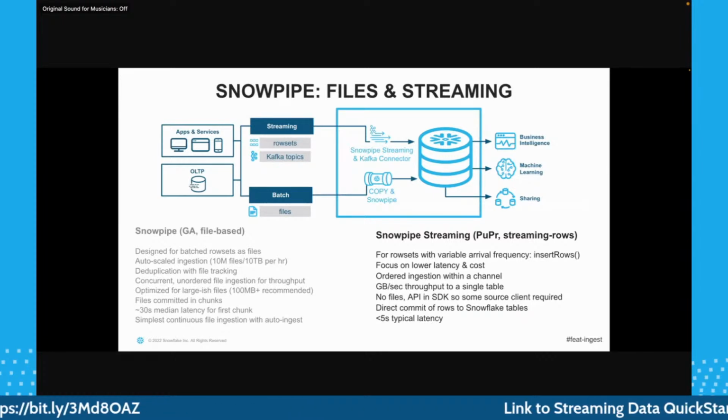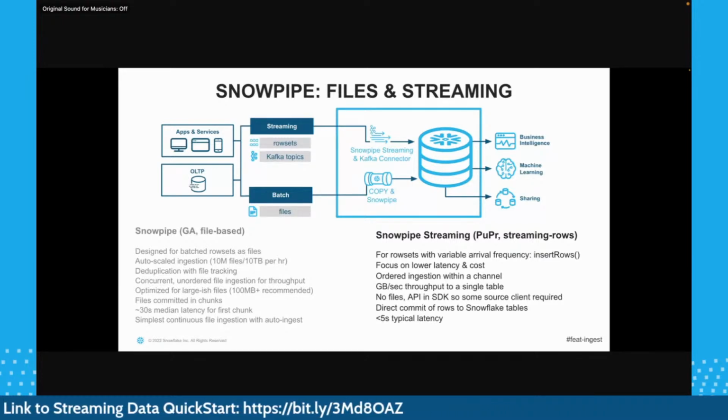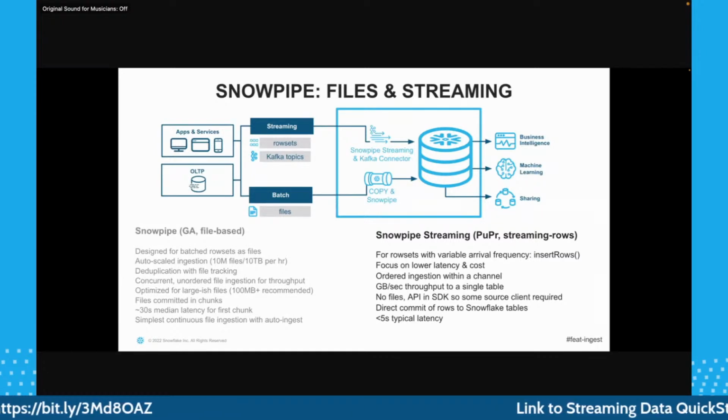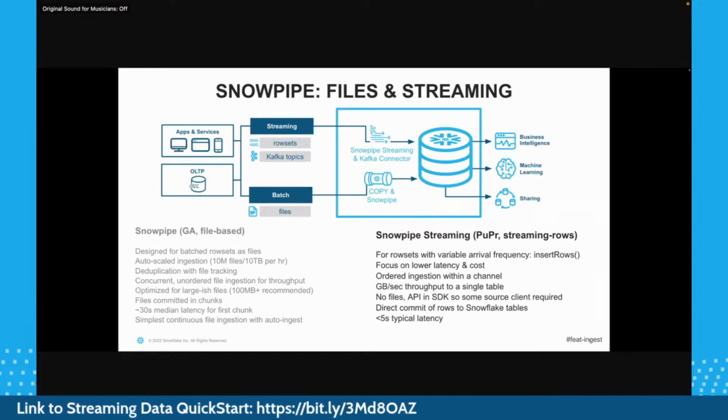That means if you have multiple files coming in, the records within a file are definitely ordered, but the order at which files come and the order at which the files are loaded are not the same. So you can have 1, 2, 3, 4, 5 coming in, wherein the loading process can be 1, 3, 2, and 5. And it had a 30-second median latency.